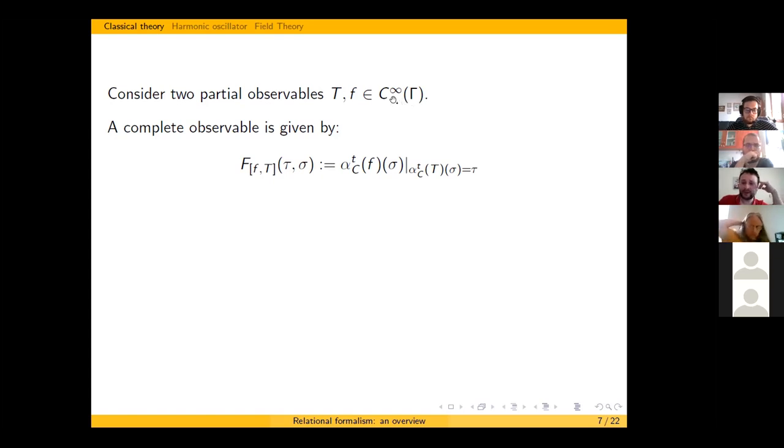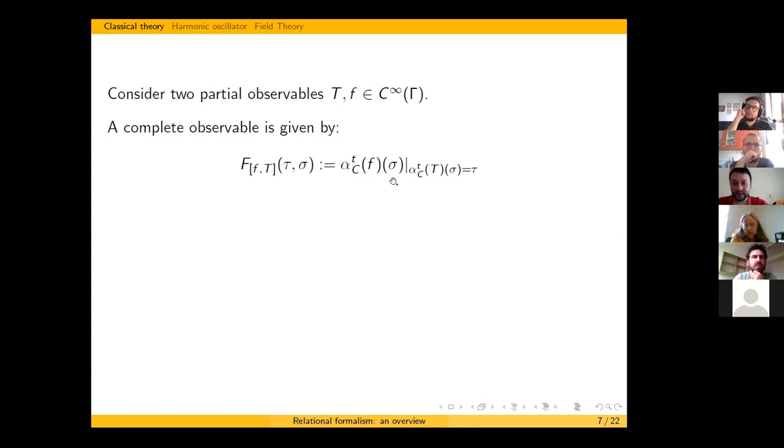I guess it was called partial because it's not exactly complete, it's just a part. Partial observable is just a smooth function, and complete observable is a gauge invariant function.